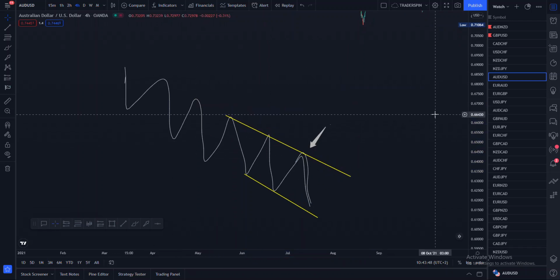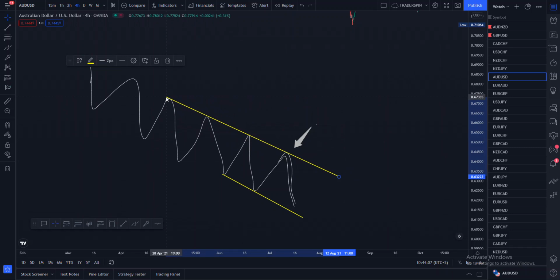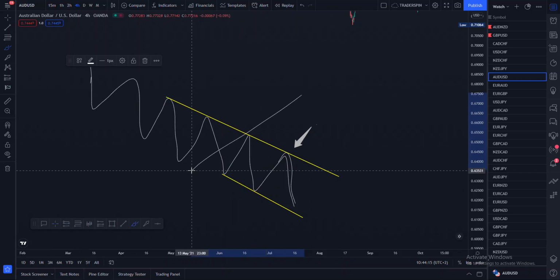So now that is why I said at the beginning that it is very important for you to know how to spot the market structure, because if you do not know how to spot it, you may actually miss this high right here and then maybe put your first touch there, right? Let us say you never really spotted that high and then you put your first touch there. That will now become incorrect.